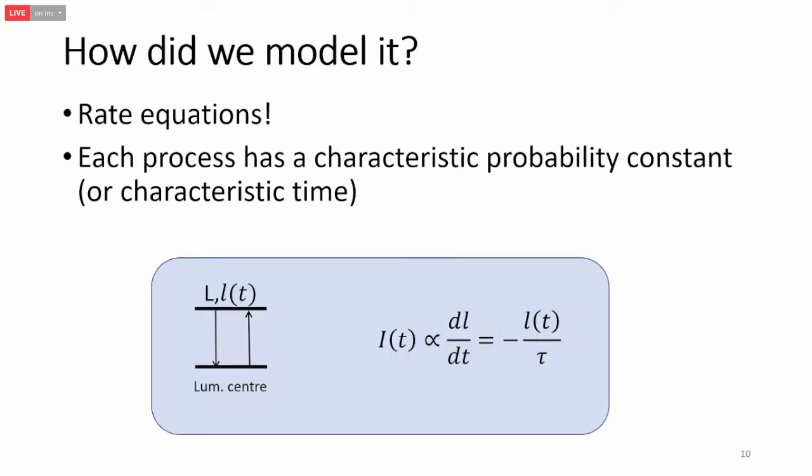So this is a typical application for luminescence centers, where the intensity of light is proportional to the rate of change of the excited state population. And then they have a specific time constant that we call the characteristic time of the material. And that is used to characterize, and when we say, for instance, a scintillator has a very short characteristic time, that is the number that we are talking about.